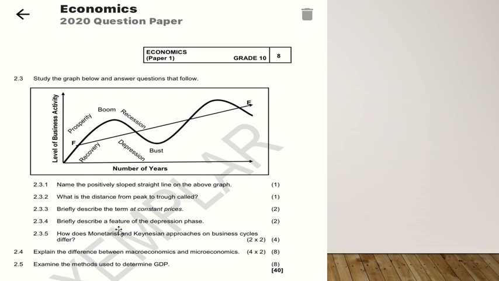Next question, briefly describe a feature of the depression phase. This just goes back to what I said, where you have to study, try to define, try to make sense of what you're looking at, and understand the topic as much as possible. So the depression phase wants one feature for 2 marks, because it says describe a feature. So you could have listed either businesses shut down, people lose jobs, or unemployment is very high.